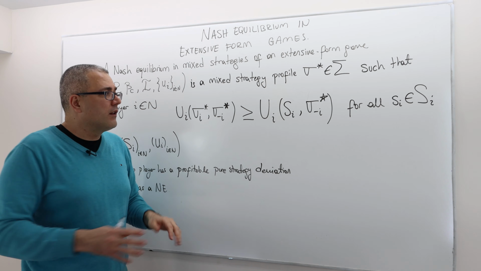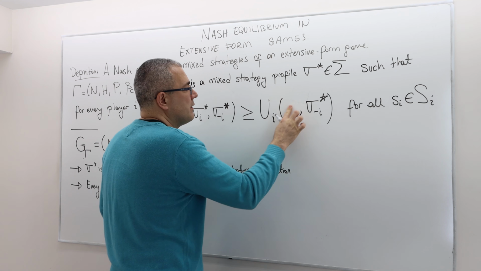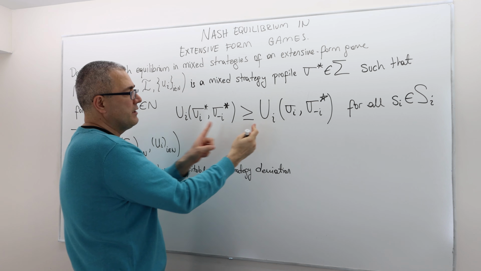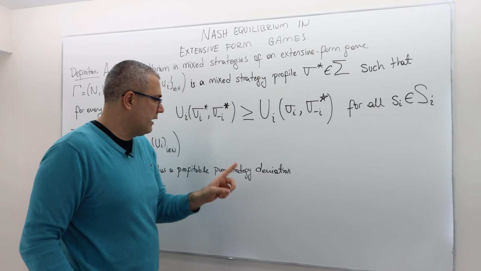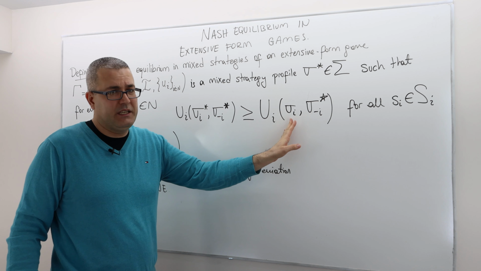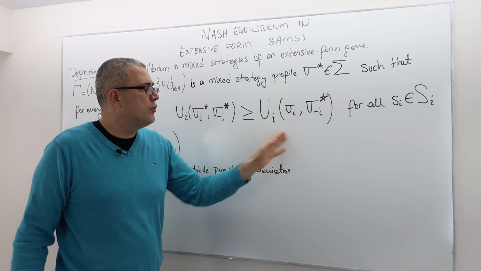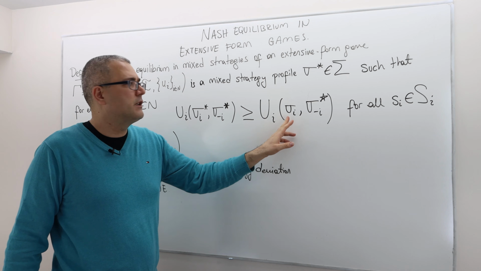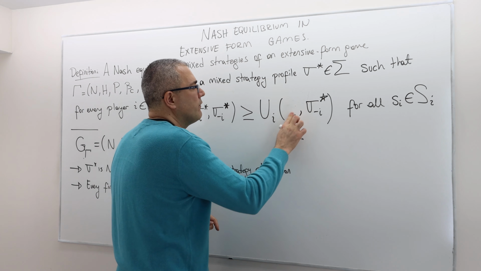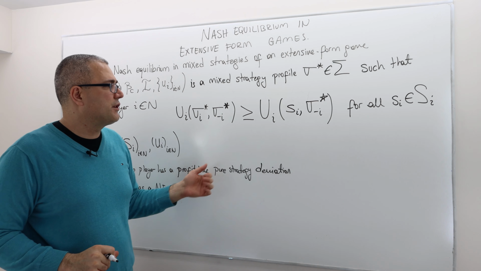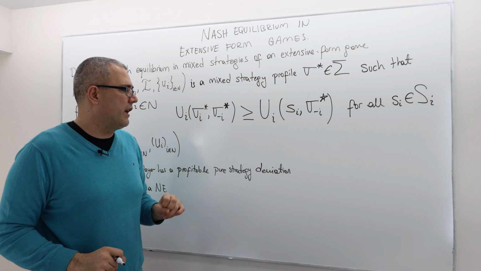Don't forget, we made similar arguments before. We may say this payoff is greater than or equal to this payoff, meaning player i has no profitable deviation to any mixed strategy, but because the utility function is linear over the set of probabilities for player i, you don't really have to worry about mixed deviations. Just look at the pure deviations.